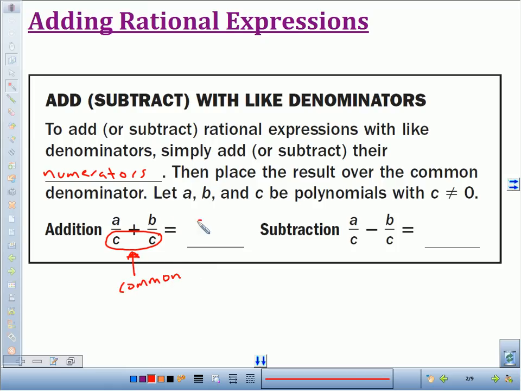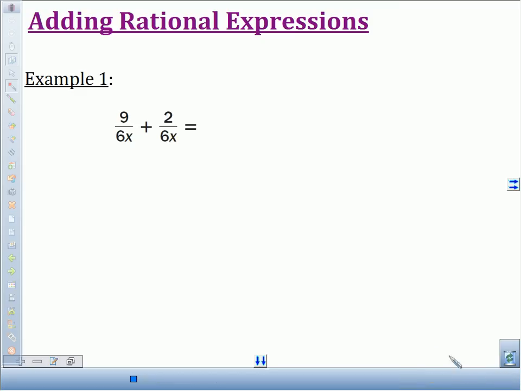So we add a plus b over the common denominator. That's how we've always added fractions. The same with subtraction: common denominator, we have a minus b over the common denominator c. So the same basic idea is going to apply here.